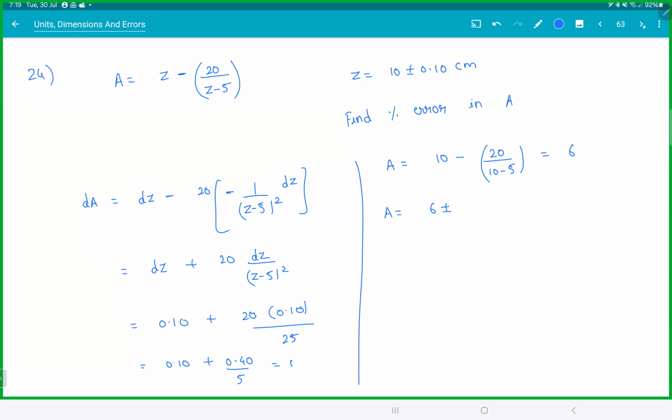That would be 0.18. Am I right? 0.18. So, yep. So percent error in A would be 0.18 by 6 into 100. That would be 3%.